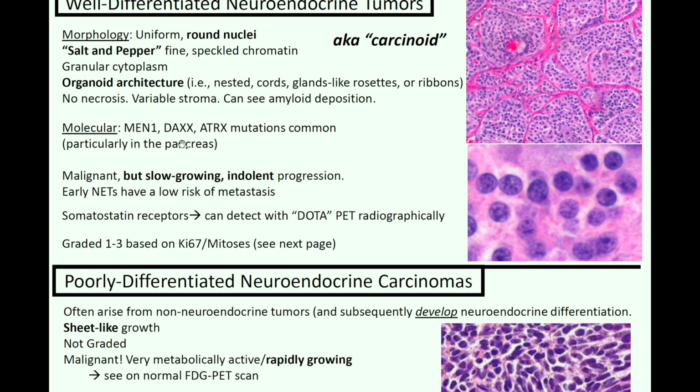So somatostatin receptors can be detected with DOTA and PET radiographically, or the DOTA scan, and they're graded 1 through 3 based on their Ki67 and mitoses, which we'll go over on the next page. But this kind of nested architecture with these round nuclei, salt and pepper, that's classic for a well-differentiated neuroendocrine tumor.